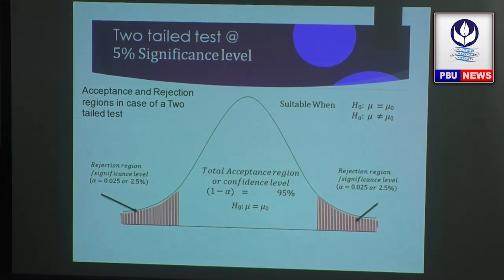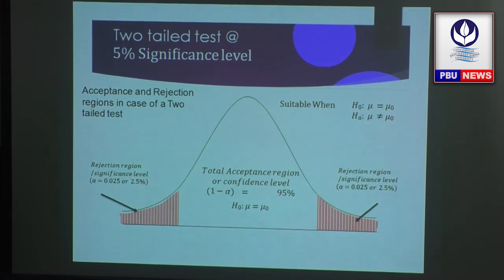Here the rejection region is 2.5% on the left-hand side and 2.5% on the right-hand side. Now, what is the accepted region? It is the remaining portion under the normal curve. The total accepted region or confidence level is denoted, as in the previous slide, by 1 minus alpha, which equals 95%.